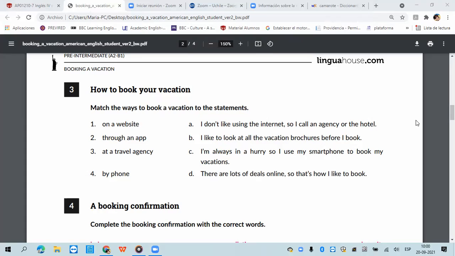And then question 5, contact your host. Here we have four different messages, and on the next page you have the replies. You have to match the messages to the replies. Do you understand it?